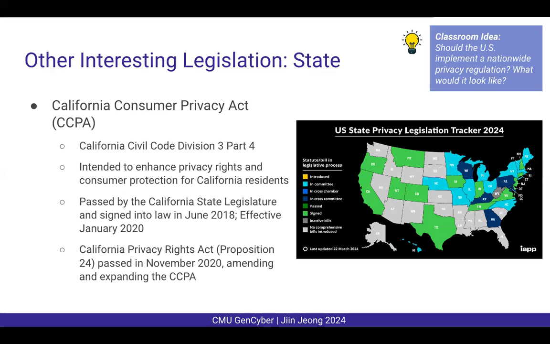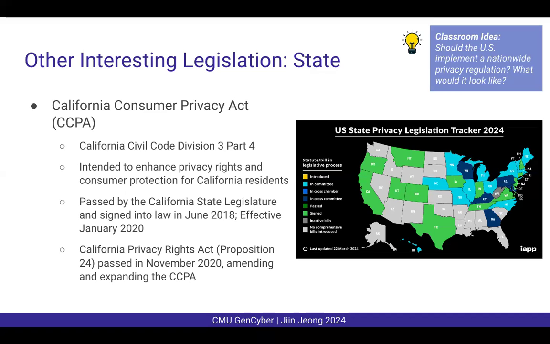It was passed by the California State Legislature and signed into law in June 2018 and was effective from January 2020. You will also hear CPRA, or California Privacy Rights Act, or Proposition 24, along with the CCPA, because this was passed in November 2020, and it amended and expanded the privacy rights in the CCPA.